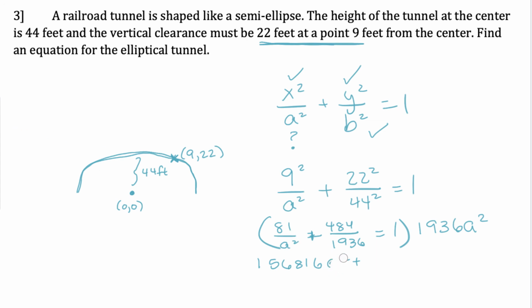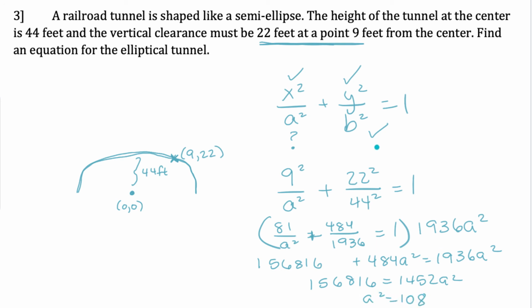Sorry about that. On the second term here, the 1936 is going to cancel, so we're going to get 484 a squared, and this is going to all equal 1936 a squared, right? If we subtract that 484 a squared from both sides, it looks like we have 156,816 equals 1452 a squared. So a squared must be 108.